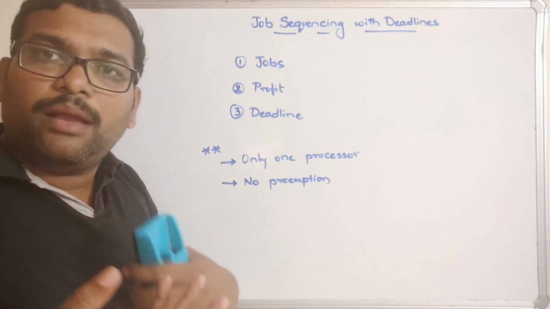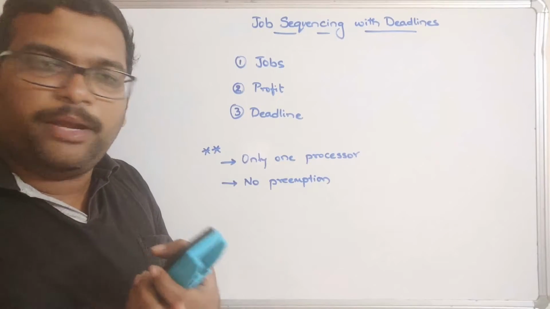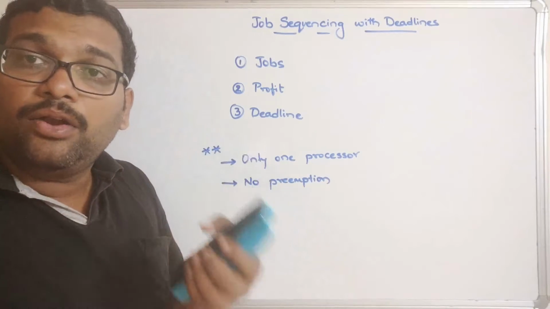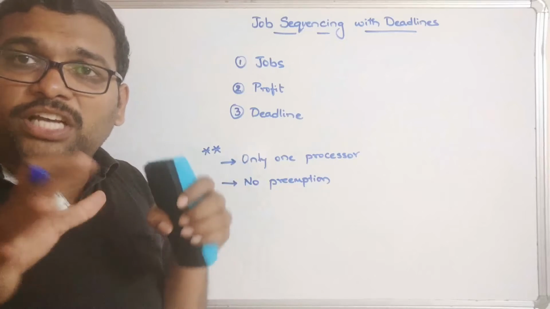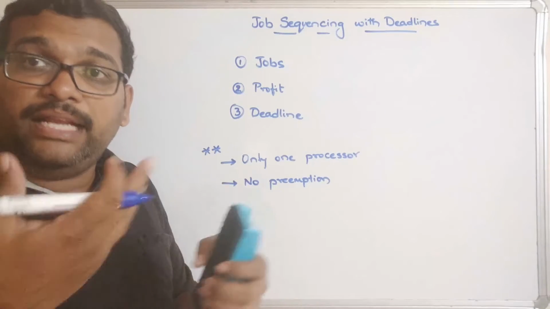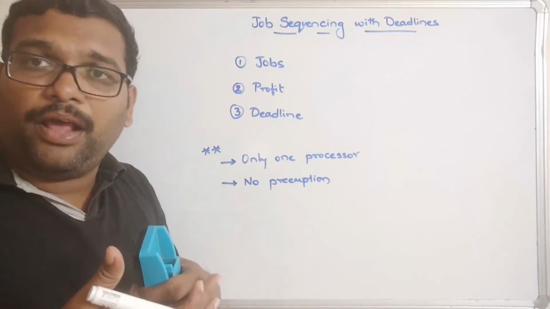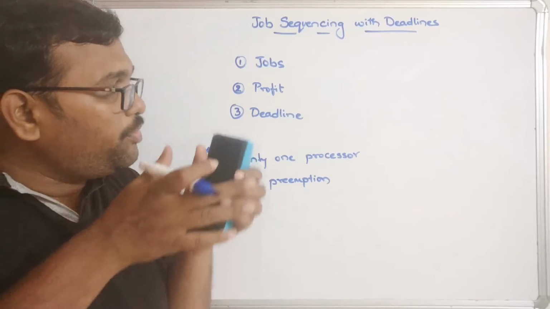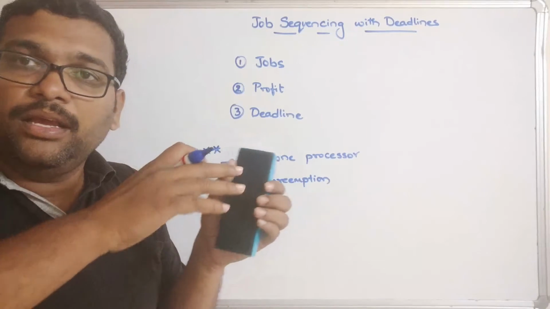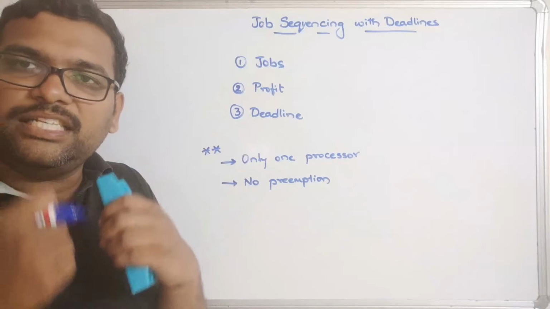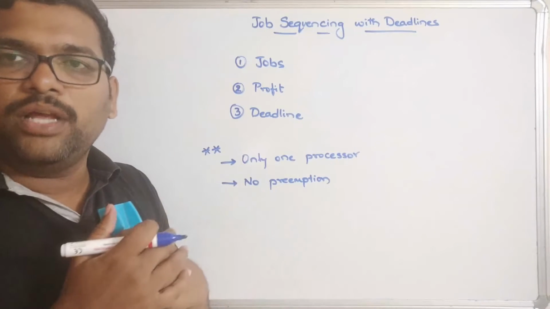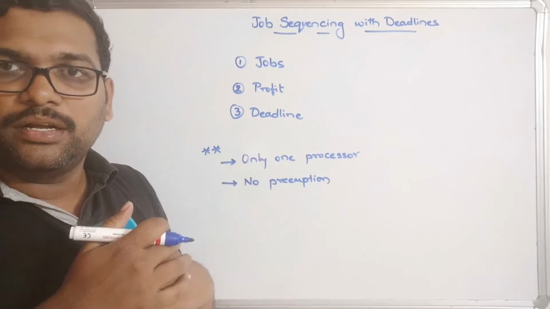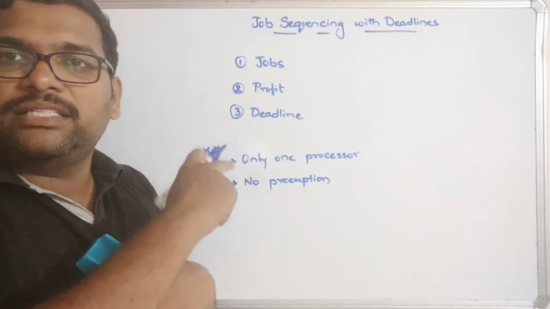If you are aware of scheduling algorithms, you might know about preemption and non-preemption. Preemption means if there is any job with the highest priority, then the executing process will be put on hold and the CPU will be given to the highest priority process. That will not be done in this job sequencing.